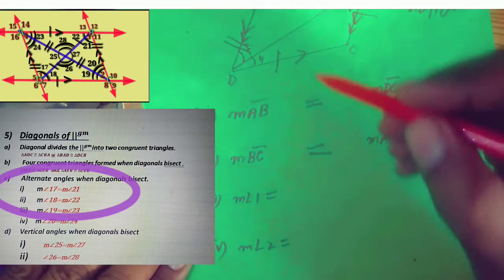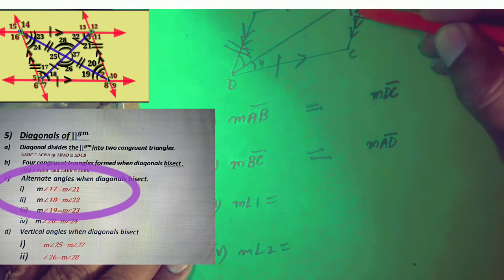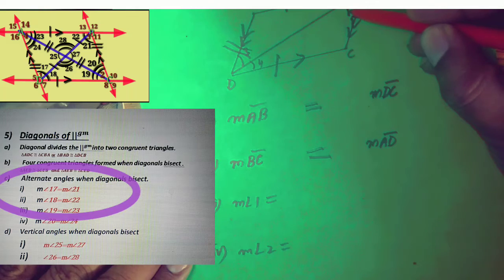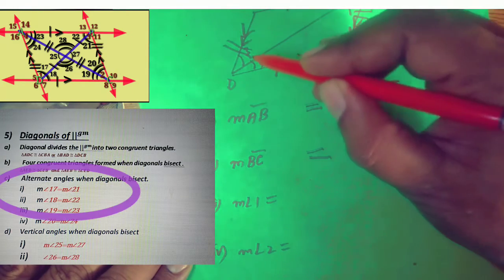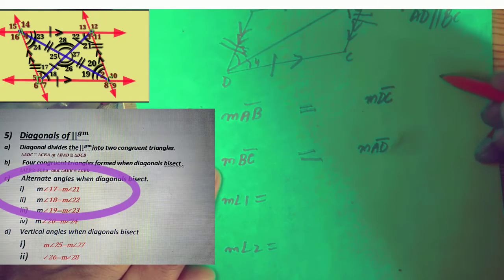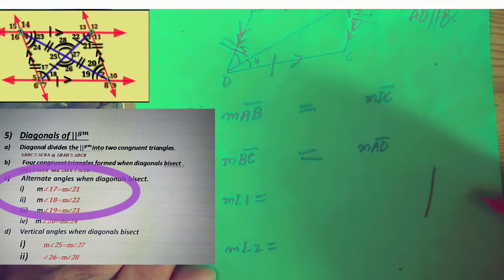So this property is of the diagonals. When we draw the diagonal between point B and D, then angle 1 is equal to angle 3, means when two parallel lines are intersected by a transversal line, then angle 1 and angle 3 are called alternate angles when they are equal to each other.